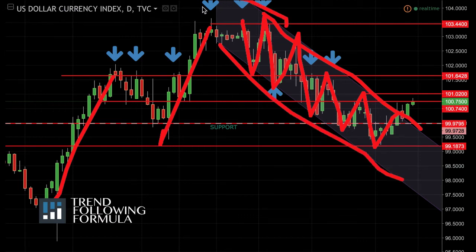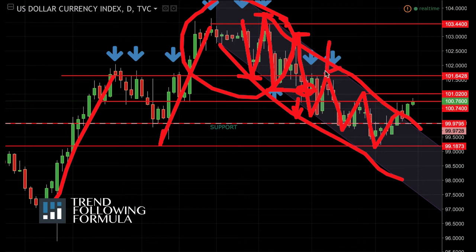Once we exited that consolidation, that sideways movement, and we created a lower low, lower high, anything after that point here should be traded, either on a break or a correction and sell.